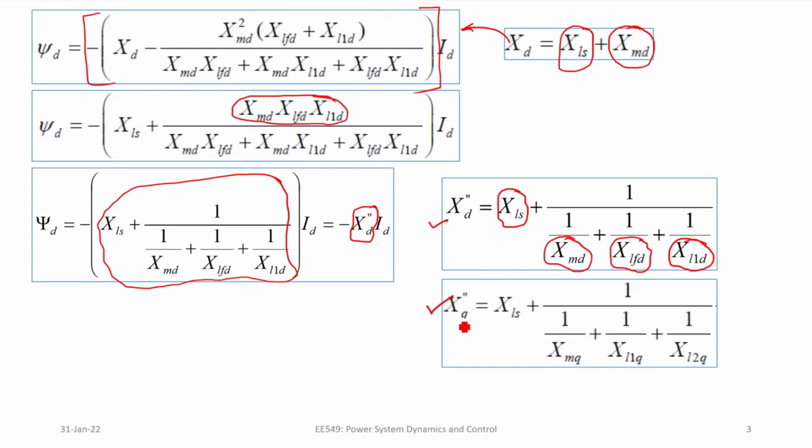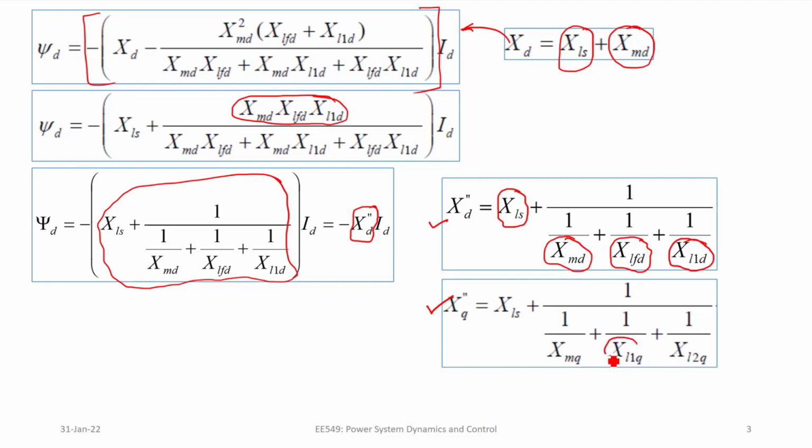So we just need to assume that we are applying a voltage in the stator and assuming that IQ is flowing, and again, by considering those equations, we'll find xq double dash, that is q-axis subtransient reactance, will become equal to xls plus 1 by 1 upon xmq plus 1 upon xl1q plus 1 upon xl2q.